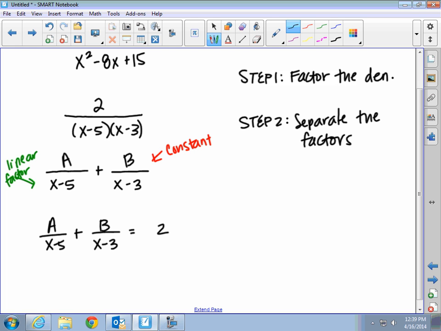Do you guys see why it's equal to 2? Because this whole thing needs to be equal to this. We're trying to take that fraction and break it up.